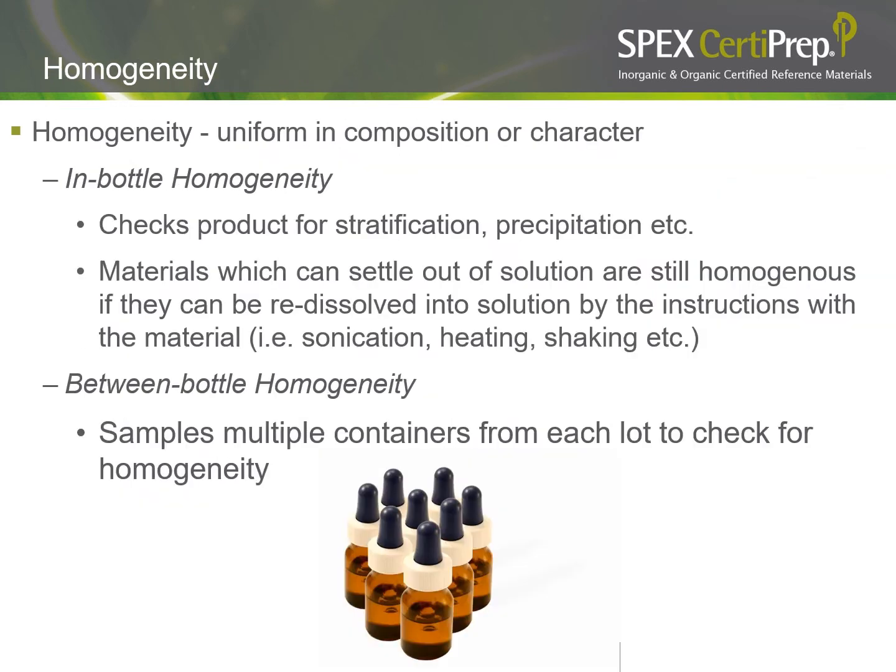So homogeneity, class. Homogeneity can be in-bottle homogeneity or between-bottle homogeneity. Homogeneity refers to uniformity in the composition or character. For in-bottle homogeneity, we have to check the product for precipitation, where the product can settle out of the solution but is still homogeneous, or can be redissolved into the solution by interaction with the material.